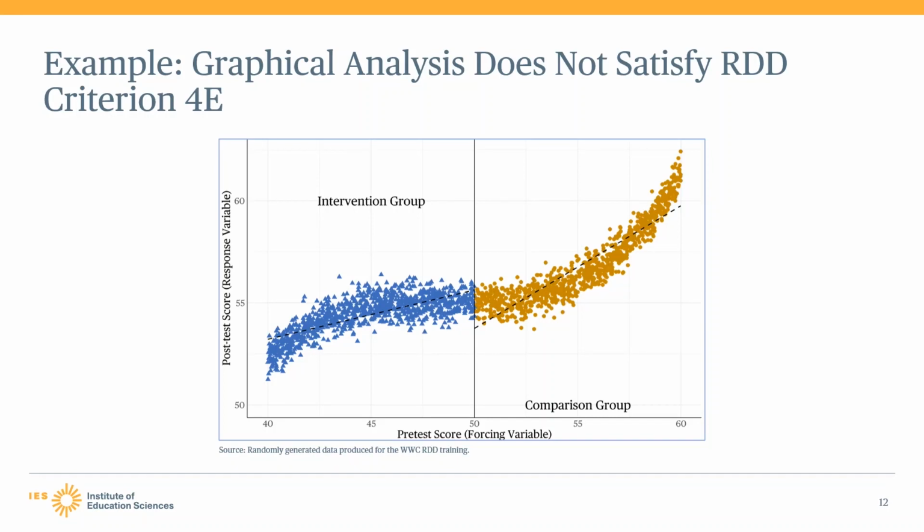The scatter plot clearly indicates that the outcome-forcing variable relationship is not linear and would be reflected better in a polynomial model specification. This graphical analysis would not satisfy RDD criterion 4E because the functional form specification used for the impact analysis is obviously inconsistent with the graphical display of the outcome-forcing variable relationship.